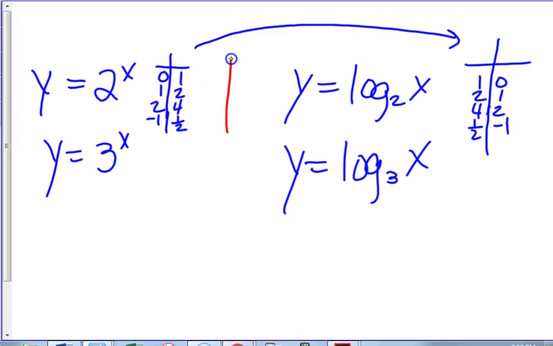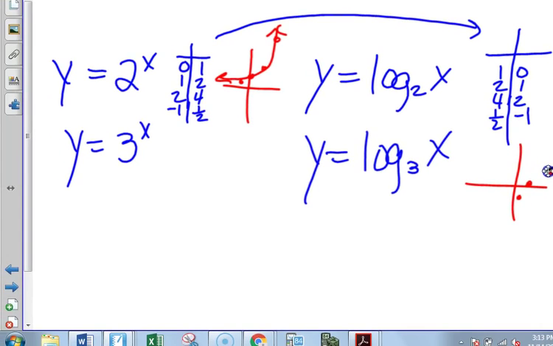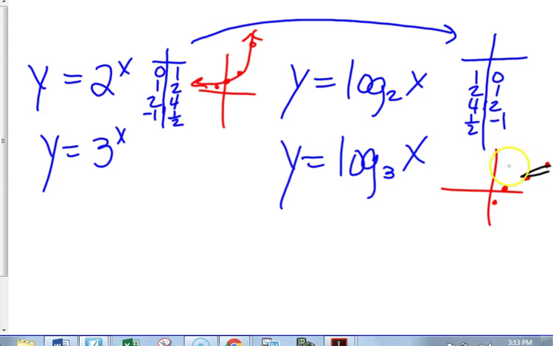So then when you go to graph this one, you will get here, here, here, here. And when you go to graph this one, you will get 1, 1/2, 2, 1, 4, 2. You'll get this shape. The questions asked for each of those are domain, range, asymptote, and intercept. What would it be for this one?